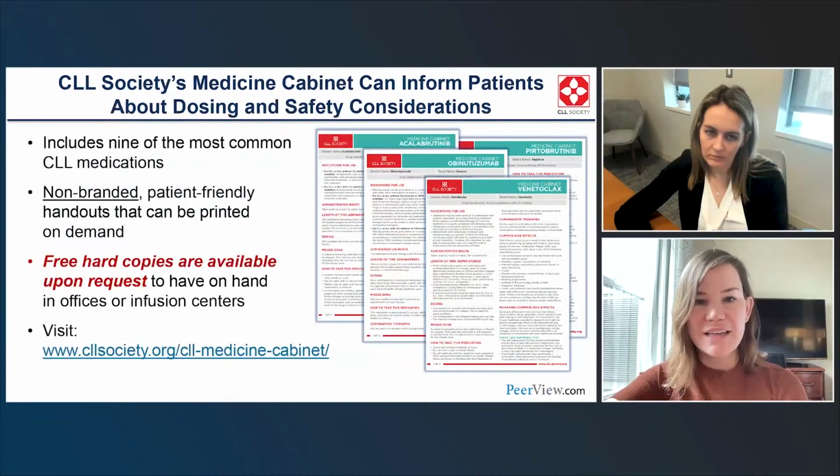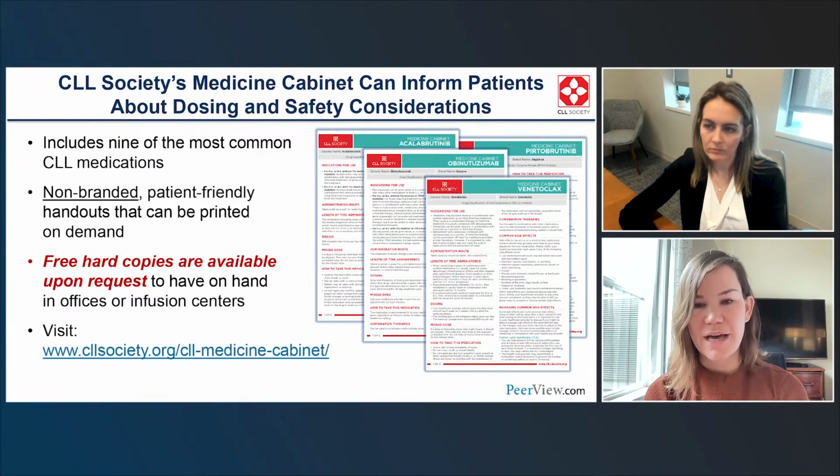So next, I'd like to highlight, once again, another wonderful resource from the CLL Society. This is their medicine cabinet that can help inform patients about dosing and safety considerations for a number of these novel agents. There are free hard copies available upon request, and these are non-branded and patient-friendly.